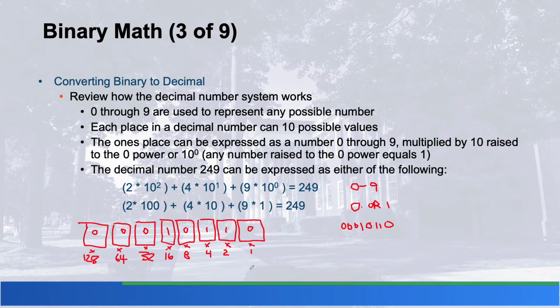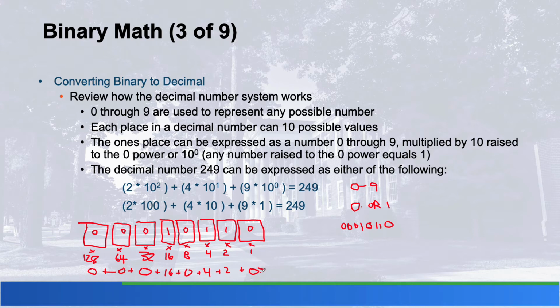So we're going to multiply that. We're going to get 0, because 0 times 1 is 0. 1 times 2 is 2. 1 times 4 is 4. 0 times 8 is 0. 1 times 16 is 16. 0 times 32 is 0. 0 times 64 is 0. Remember, anything times 0 is 0. 0 times 128 is 0.